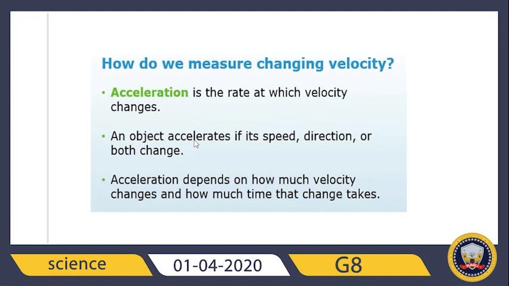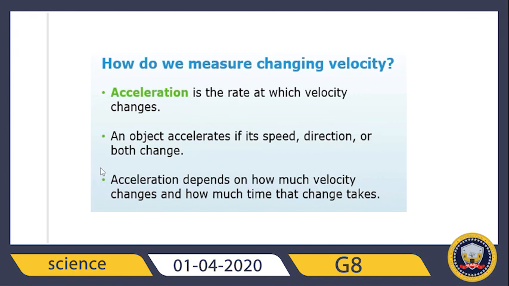Or if a certain object moves from one side to another, so here we have a change in the direction of the motion, then we can say that this object is accelerating. So again, an object accelerates if its speed, direction, or both change. Acceleration depends on how much velocity changes and how much time that change takes.